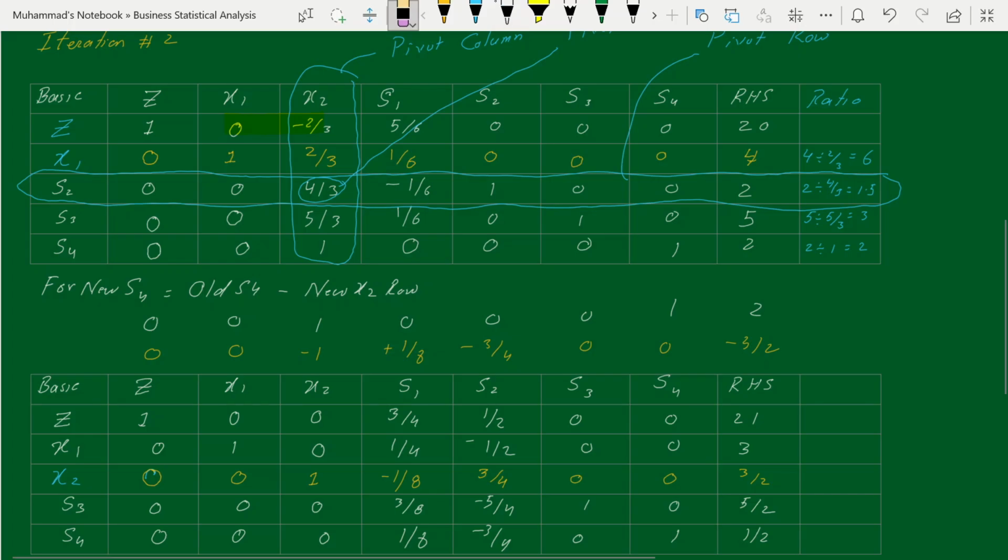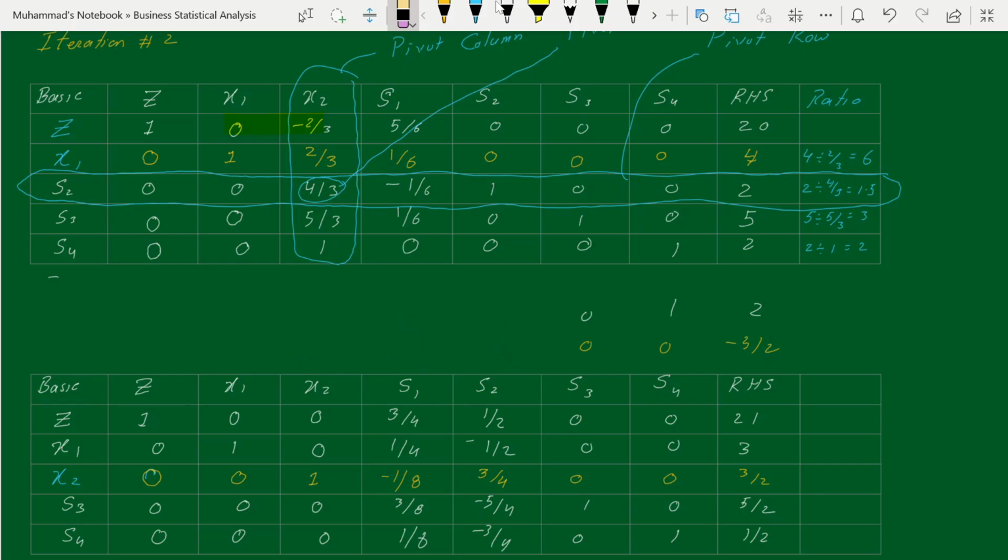Okay, so now we have completed iteration number 3, and you will see that the coefficients in the objective function equation, for example for x1 and x2, are both equal to 0. When you get the coefficient of x1 equal to 0, then you can stop here.